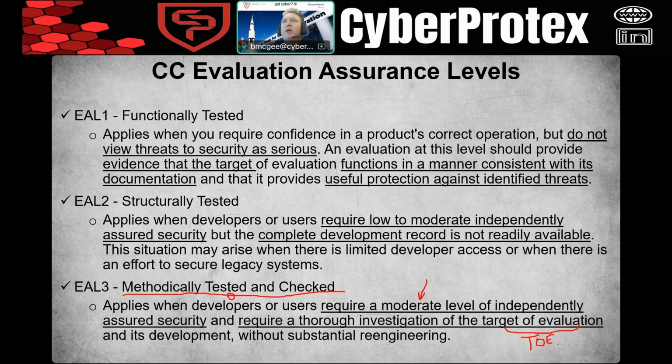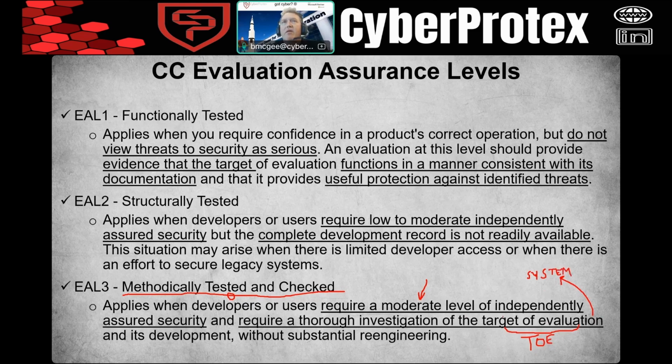The TOE, right? We're not talking about nail clippings here. We're talking about the target of evaluation. And so whatever system is being evaluated is the TOE, right? So if the system's being evaluated, that is, quote unquote, the target of evaluation.